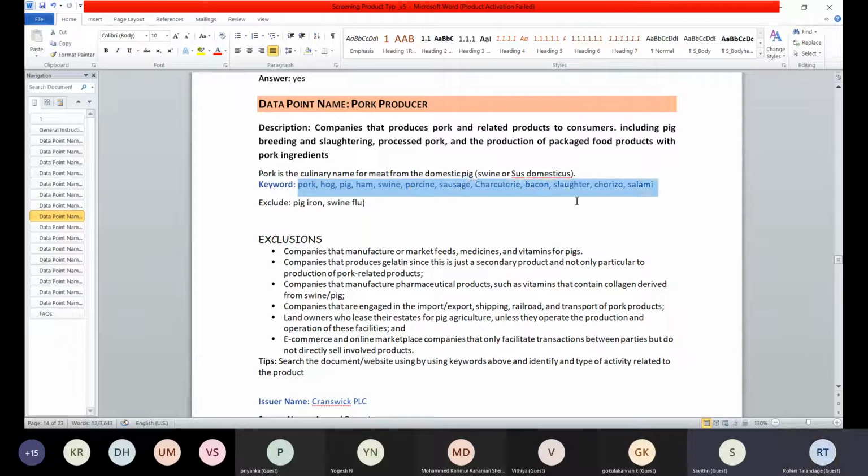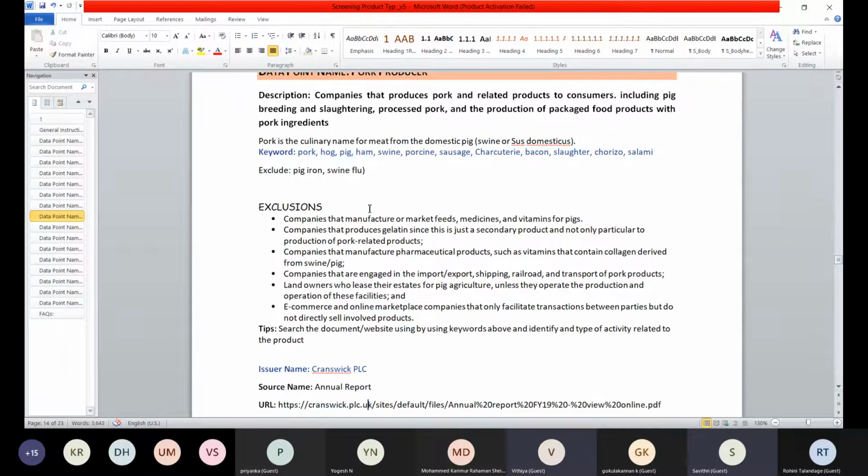All these are the keywords. If you are getting a result for any of these keywords, you need to check whether they are producing that pork related product or not. You need to check for the production. It should not be a distributor or seller.